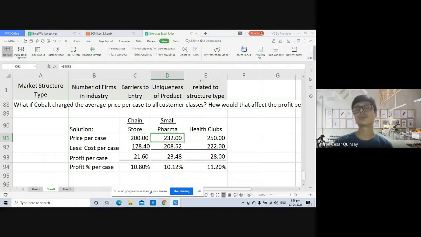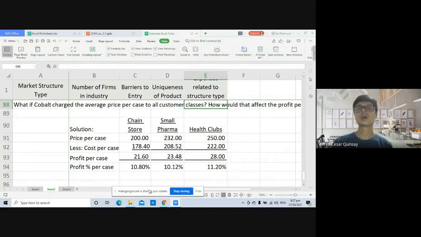Tapos ito sa small pharma, kumbaga ito yung parang monopolistic, no? Dito naman, doon lang sa health club yun eh. So parang meron sila rin doon yung pang market niche, no? Na pwede nilang taasan. Because of some marketing, mga advertisements nila, no?